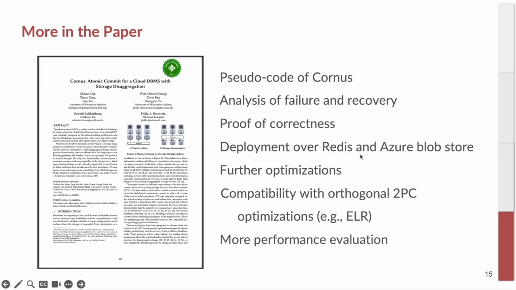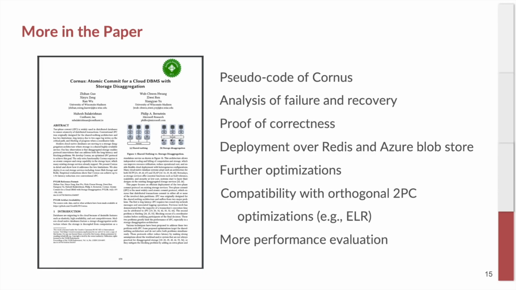In the end, please check our paper for more details, which covers the pseudocode of Cornice, an analysis of failure and recovery. It also provides a proof of correctness, and explains how to deploy Cornice over Redis and Azure Blob Storage.